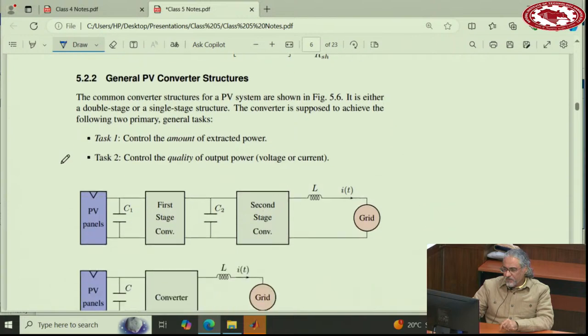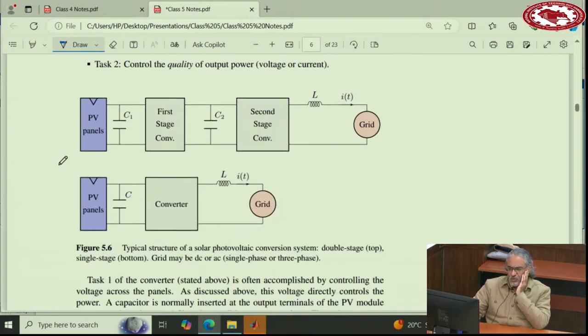Okay. So for PV, we have generally two topologies of converters. One is two-stage and one is one-stage. So in two-stage, you have a first stage here and then you have a second stage. The first stage connects the PV to an intermediary link. We call it normally the DC link because in AC systems its other parts are AC, but this part is DC.